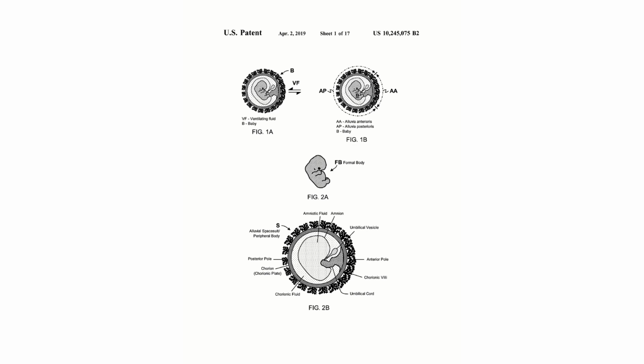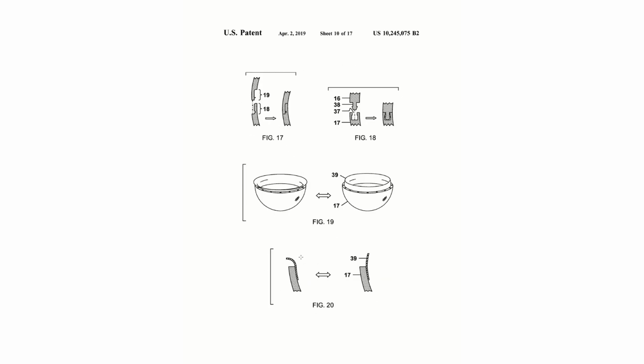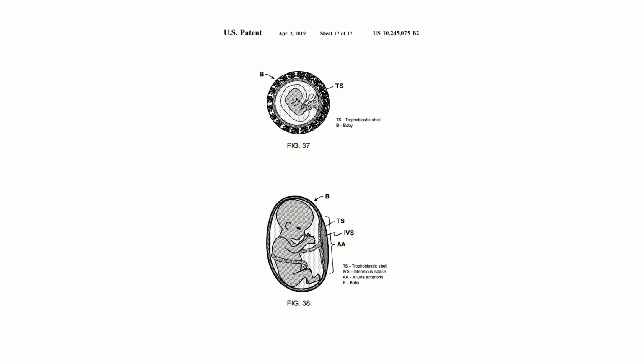We have the chorion, which is this membrane, and then the amnion is another membrane inside. Eventually, these two will fuse. So at this point, let's show where they fused.